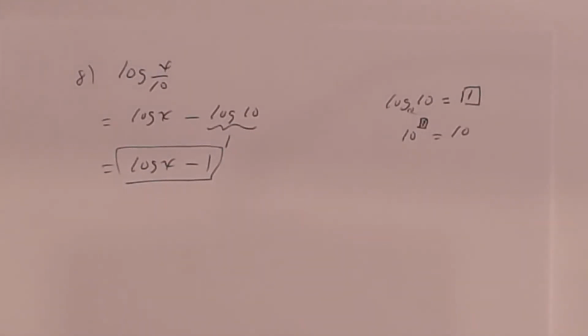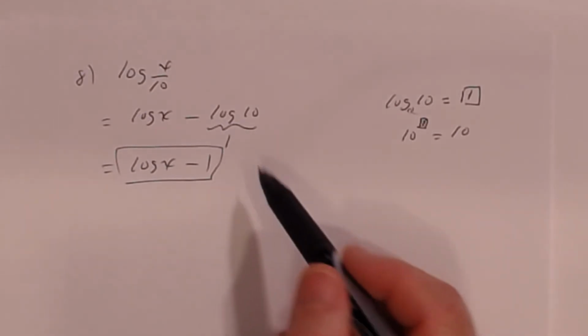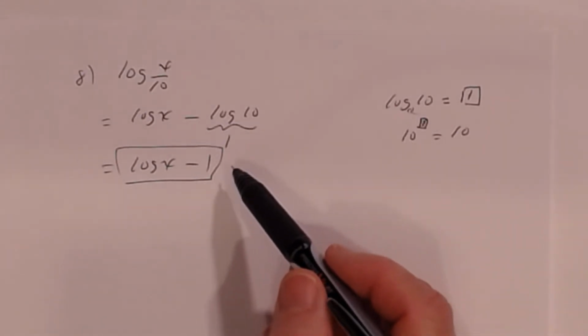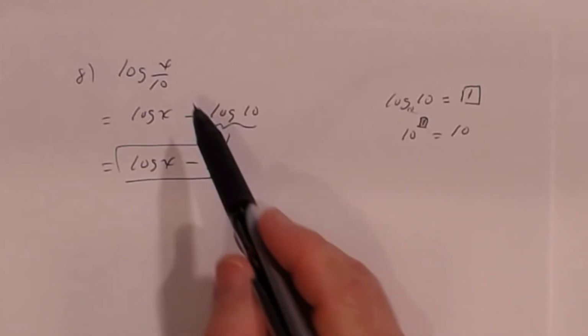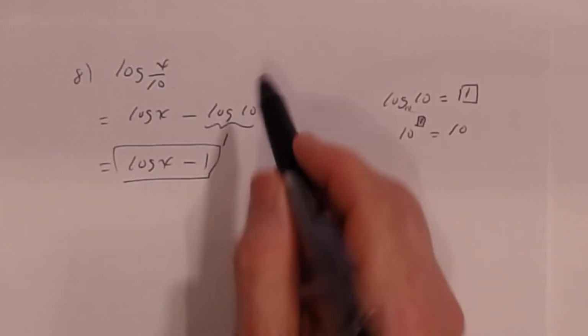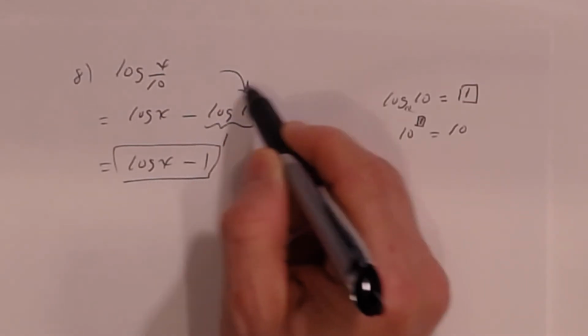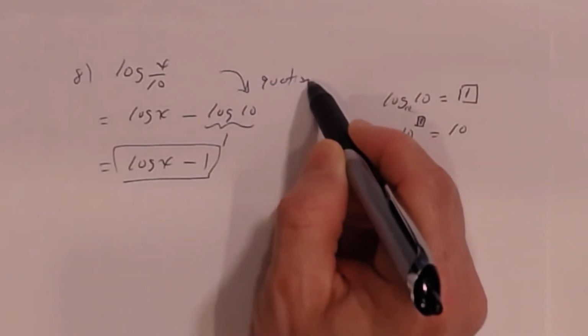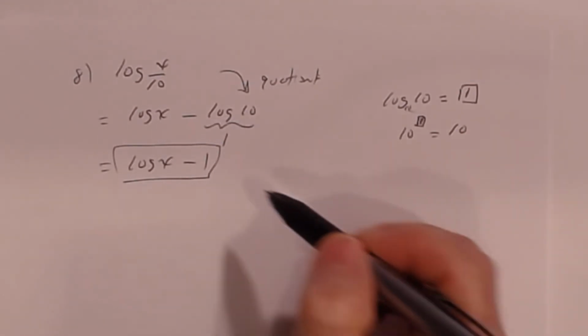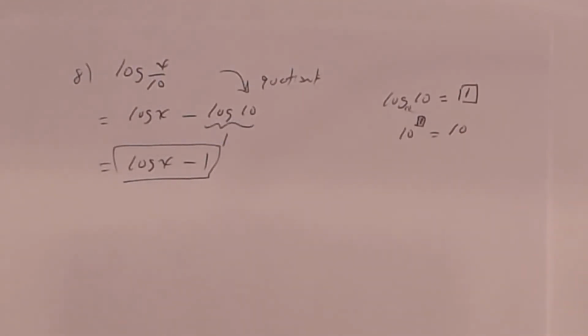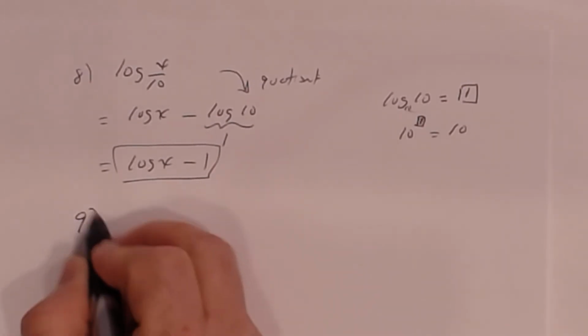In some of these cases, you can, and you have to. If you don't simplify when possible, you're not going to get all your points. You'll get something from going from here to here because you did use the quotient rule correctly, but you didn't simplify all the way. So you have to simplify whenever possible. So let's do number 10.